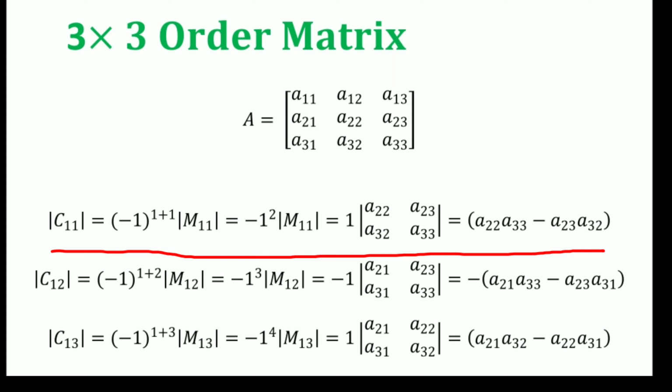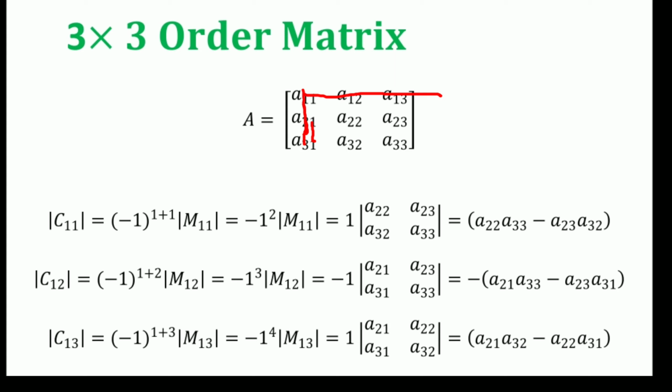So here minus 1 squared into the first minor. By removing the first row and first column, we have a 2 by 2 order matrix, that is A22, A23, A32, A33. So the cofactor is equal to A22 into A33 minus A23 into A32.